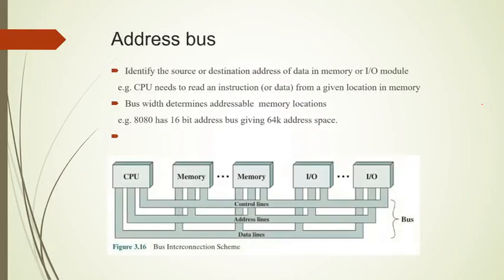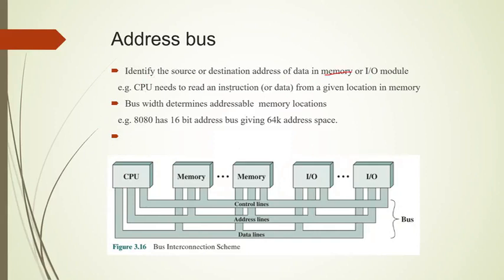Address bus: it identifies the source or destination address of the data in memory, that is, RAM, or the IO module.